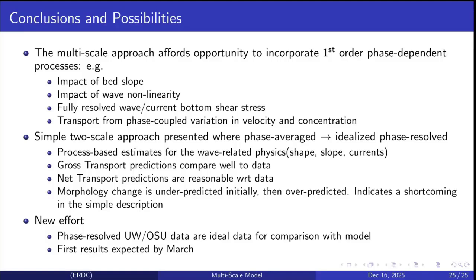And then if you make a set of assumptions, which we did, you can make estimates of the phase-coupled variation in velocity and concentration. So it's the simple two-scale approach that we presented. I call it simple, but maybe other people don't see it that way, where we move from the phase-averaged world into these idealized phase-resolved worlds.